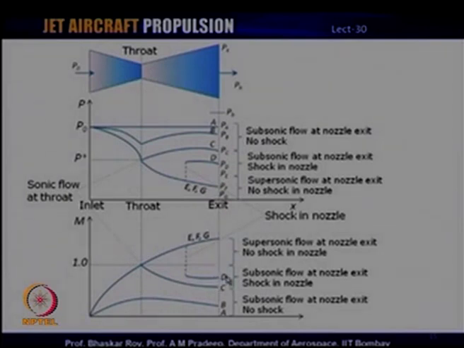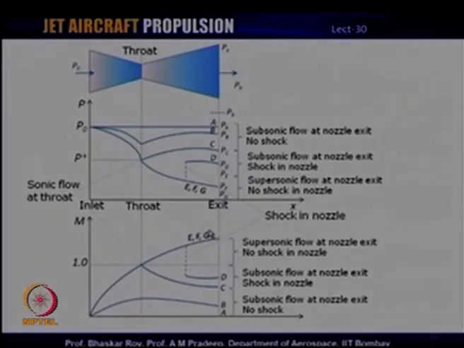For back pressure equal to P d, we have Mach number equal to 1 at the throat. It continues to increase, but only up to the shock, after which it becomes subsonic and decreases below 1. For continuous supersonic Mach number all the way up to the nozzle exit, we need to ensure that the back pressures are low enough, so that there is no shock within the divergent section of the nozzle.